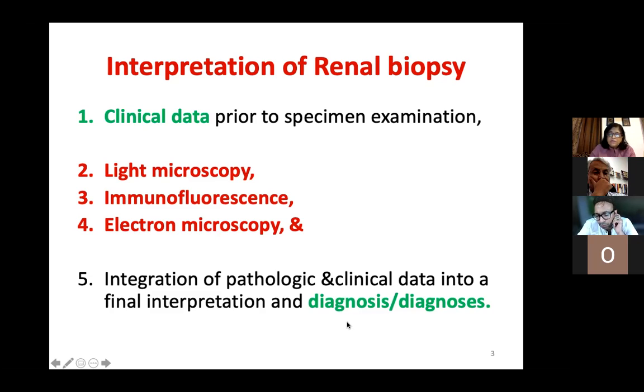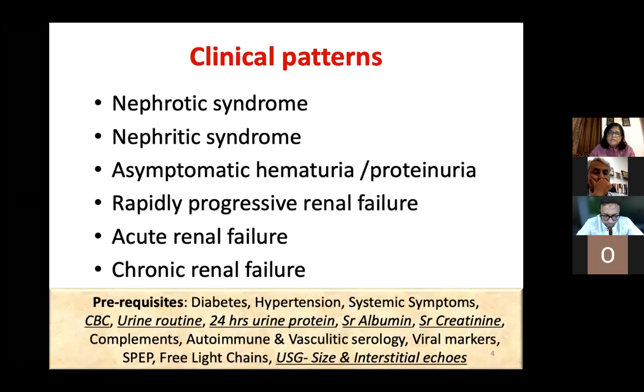So what I mean to say is, whether I give one diagnosis or two diagnoses would depend upon the clinical scenario as far as the patient was concerned. And these terminologies, I'm pretty sure all of you must be aware of, like whether the patient has a nephrotic syndrome, nephritic, or is it asymptomatic hematuria or proteinuria. So our interpretation and our last lines depend upon the clinical scenario.